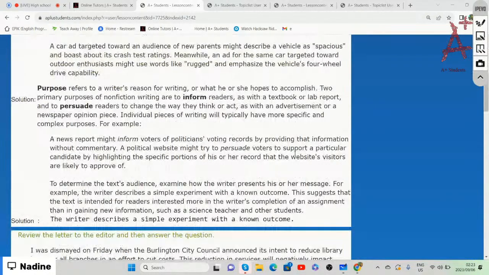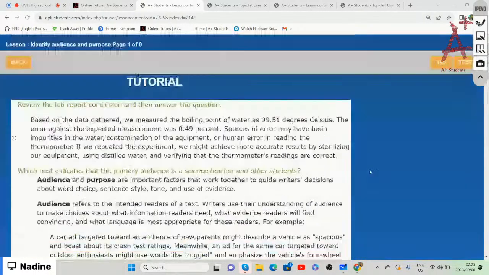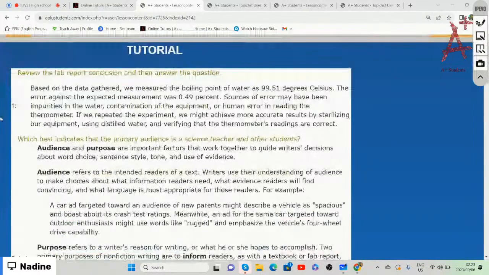So in that text, they are saying that it is still a bit unknown. Based on the data gathered, we measured the boiling point of water as 91 degrees Celsius. Sources of error may have been impurities of water, contaminations of equipment, or human error in reading the thermometer.